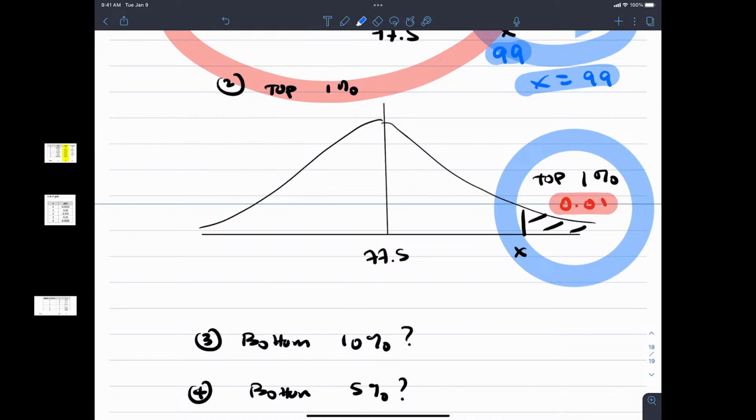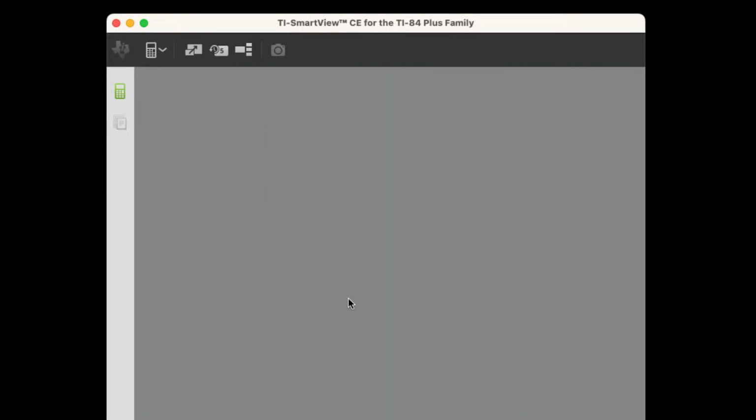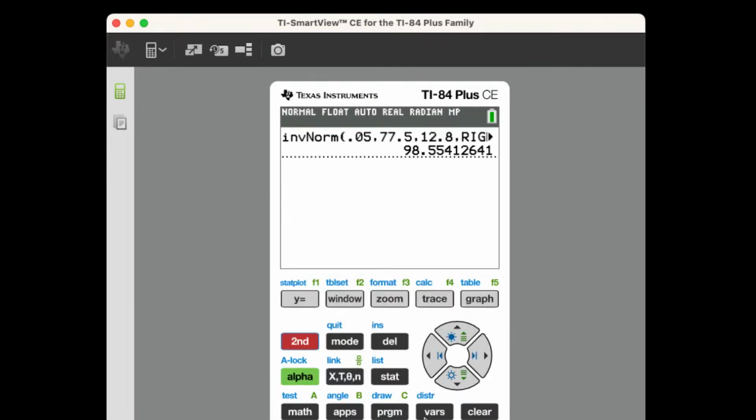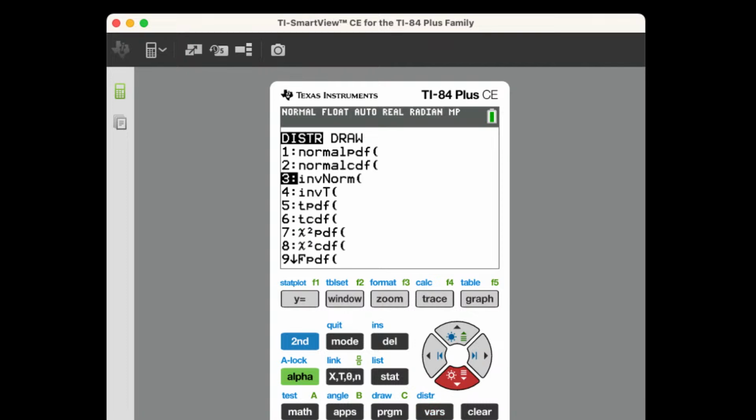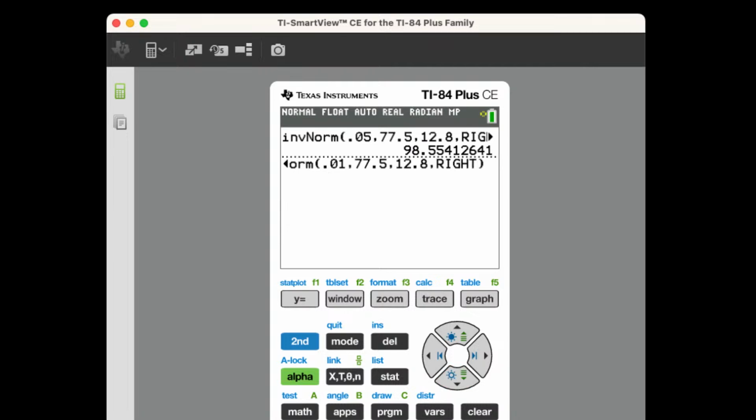So for this one here, 1%, remember? Let's go to the regular. Second distribution, inverse norm. It's now going to be 1%. Paste it.